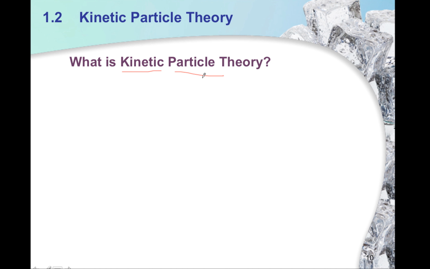What is a particle then? Particles are mainly made up of molecules, and not only molecules but at the same time atoms or ions. Kinetic means moving, where things can actually move around.